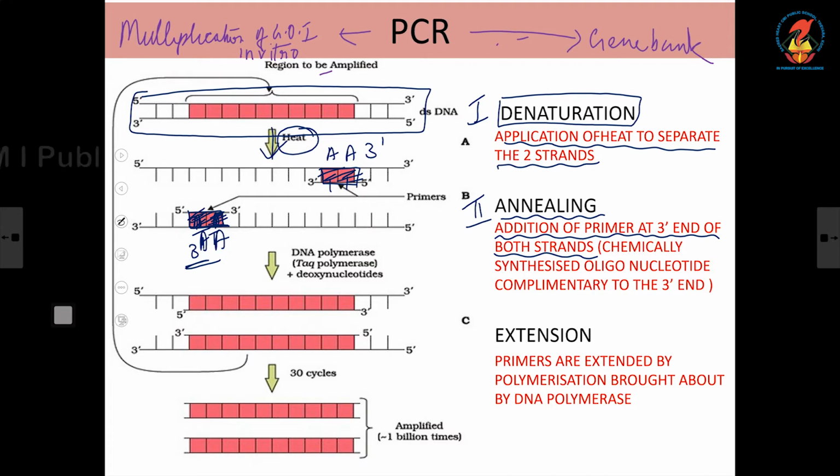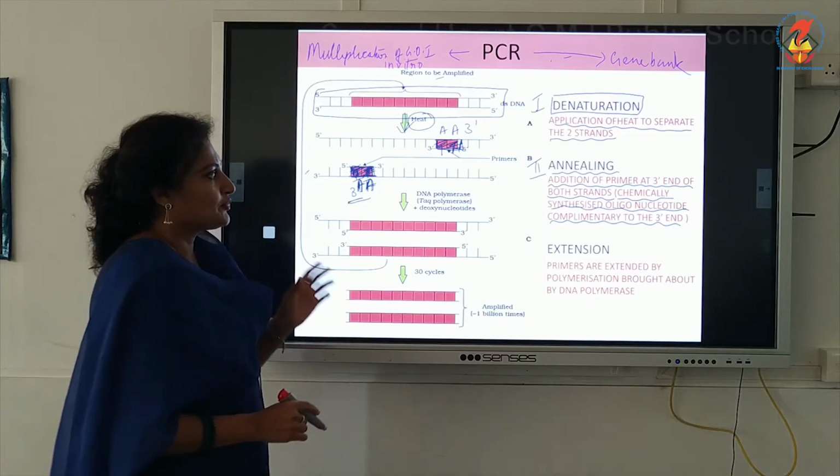Okay. So the primers are chemically synthesized oligonucleotides complementary to the 3' end. So the primers are added. Definitely they will bind at the 3' end where it is complementary to their base. Because their base is AAA, definitely it will go to that DNA strand which is TTT. Here also it goes to TTT. Okay. So I hope you have understood annealing.